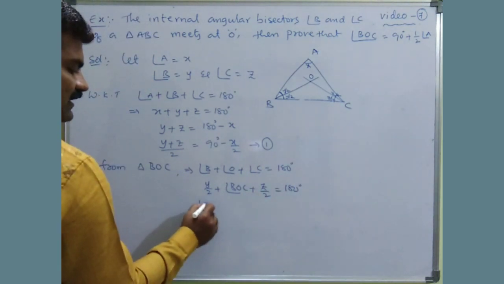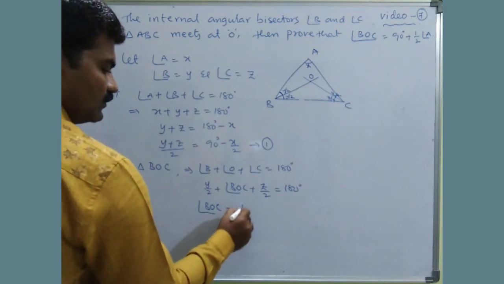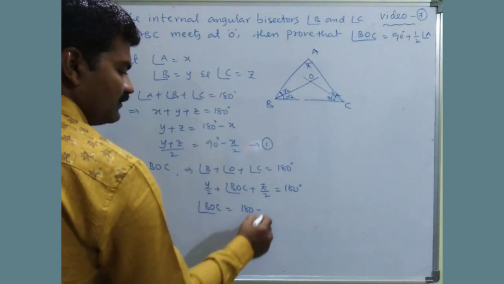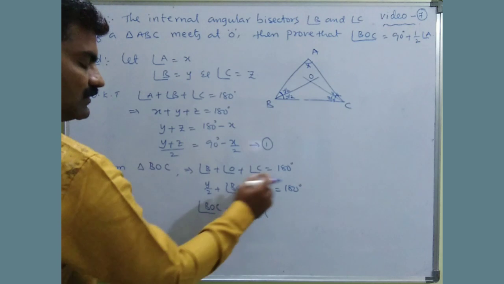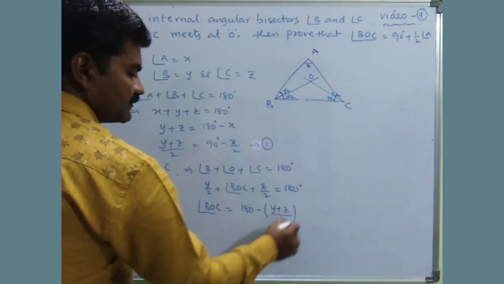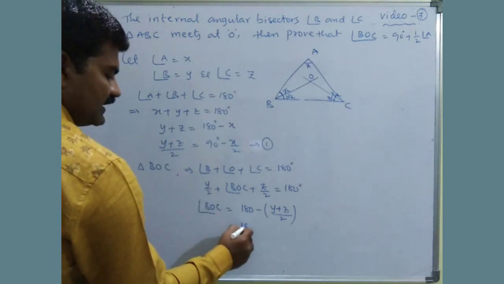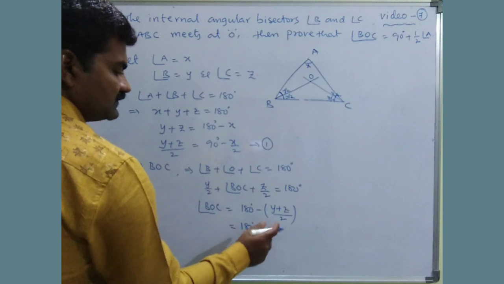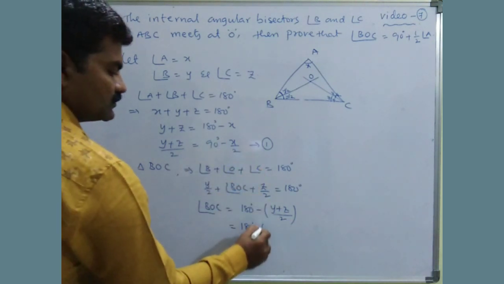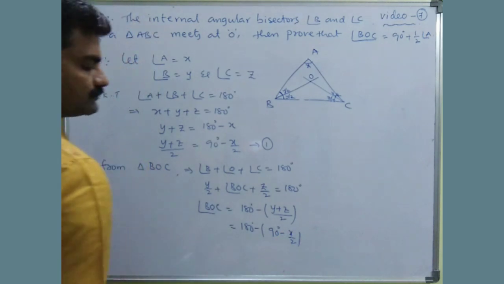So from this, angle BOC is equal to 180 minus of Y by 2 plus Z by 2, and if you take the LCM, Y plus Z by 2. But just now we got that Y plus Z by 2 is equal to 90 minus X by 2.